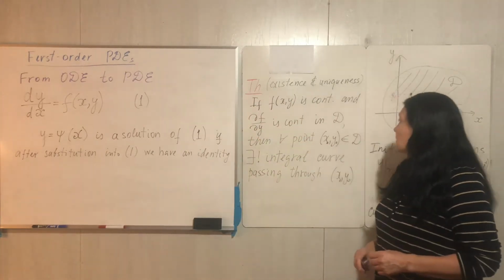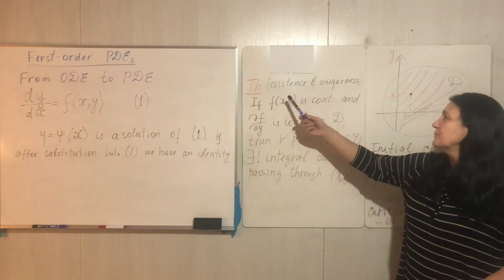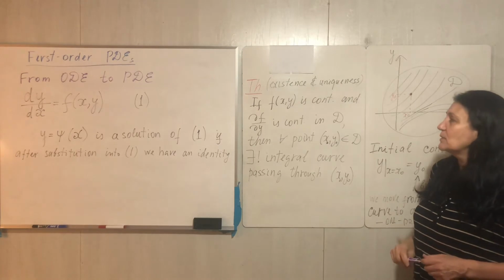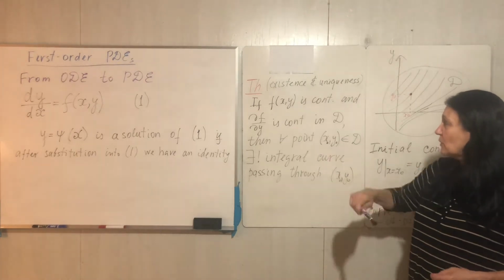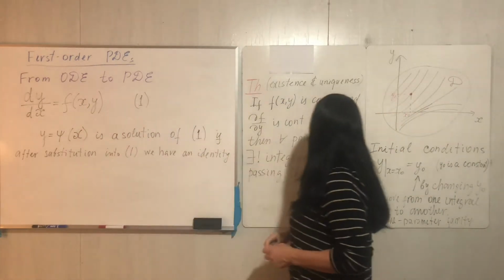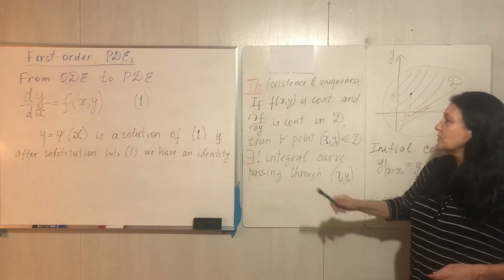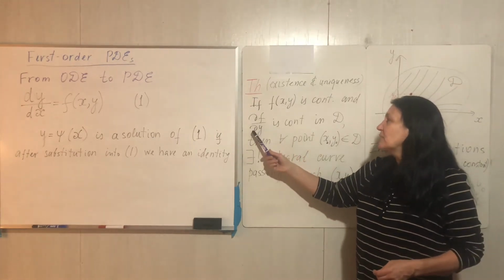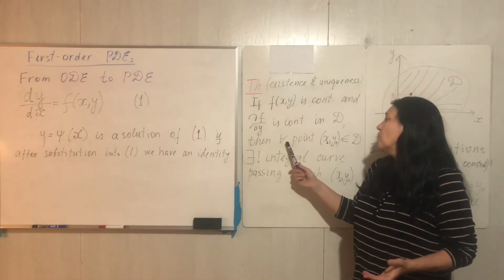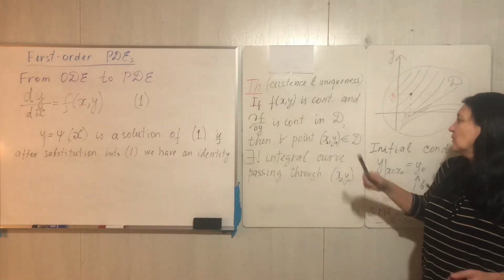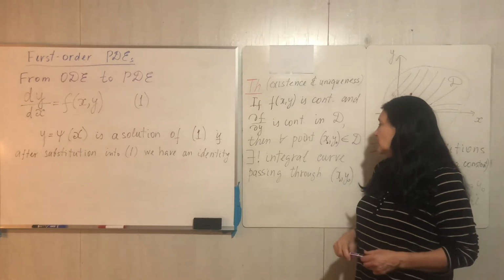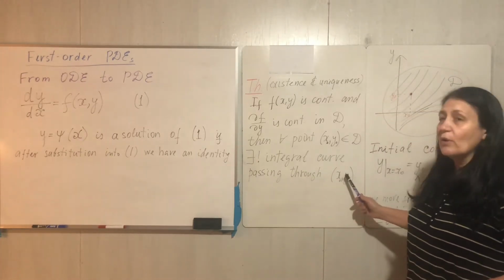And there is an existence and uniqueness theorem, which says when it is possible to solve this equation. If the function f of x, y, the right hand side of our equation, is continuous, and also if the partial derivative df/dy is continuous in some domain D, then for any point x sub 0, y sub 0 in this domain there exists a unique integral curve passing through that point.